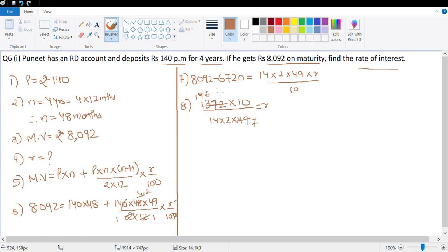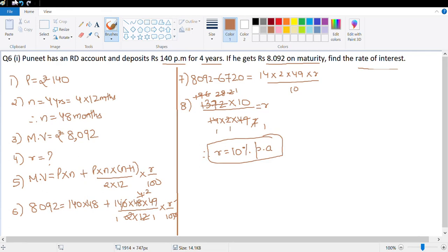Again, I think 196 is divisible by 7. That's 7 1s are 7. 7 into 2, 14. That's 56. So 7 into 8, 56. Here I have 14 1, 14 2. 2 1s and 2 1s. Therefore, R is equal to 10% per annum. So the rate is 10% per annum.